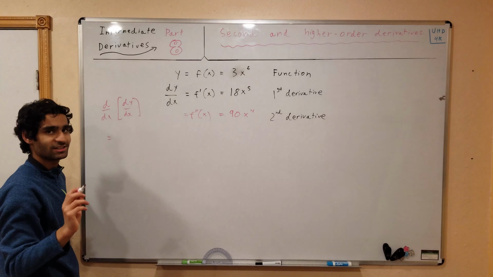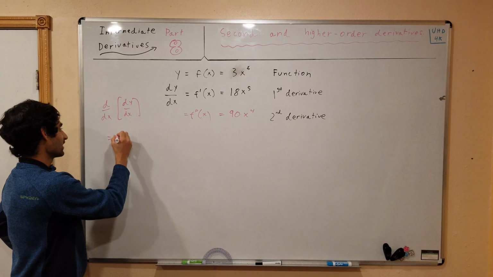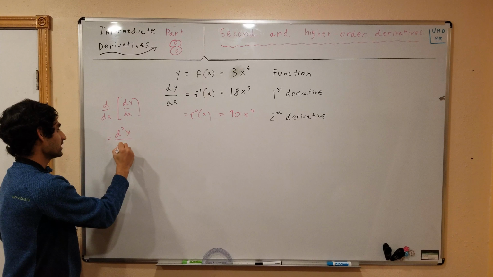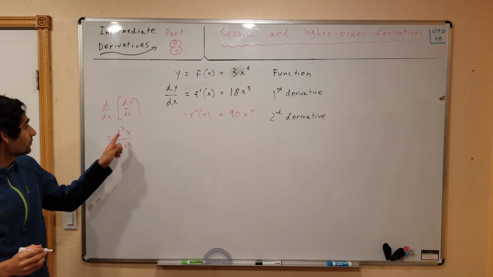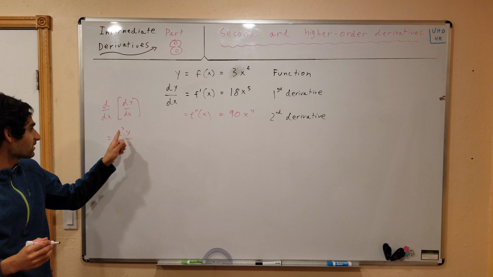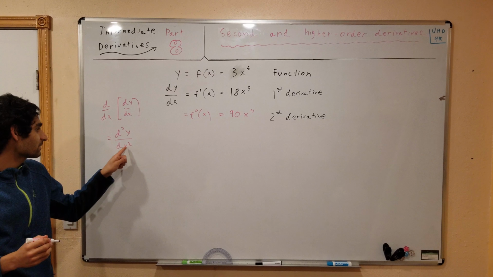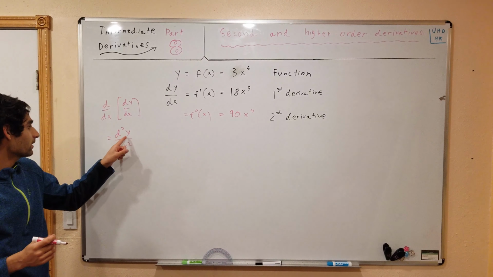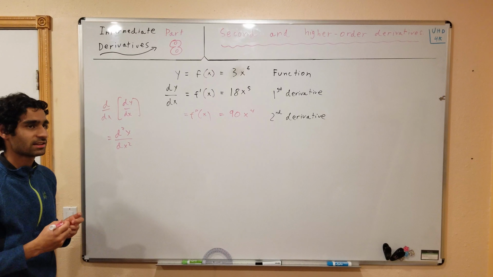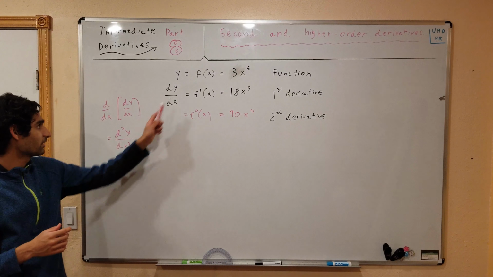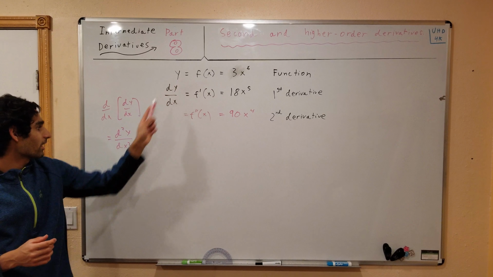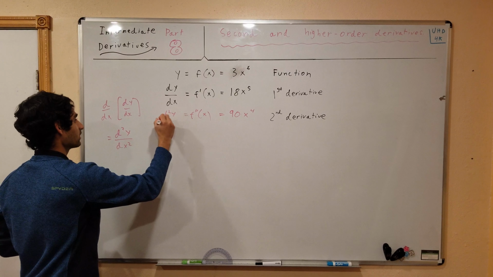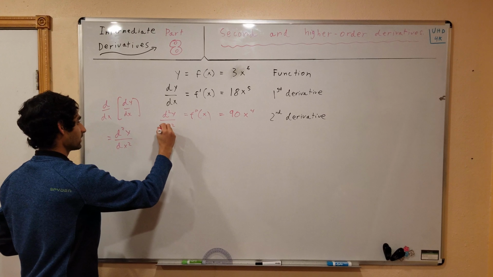And I know this notation may look a bit confusing, but this is actually how we write the second derivative, d squared y over dx squared. So think, what does d squared mean? It's a double derivative, and x squared means both times we're taking the derivative with respect to x. So d squared y over dx squared just means the second derivative of y with respect to x.